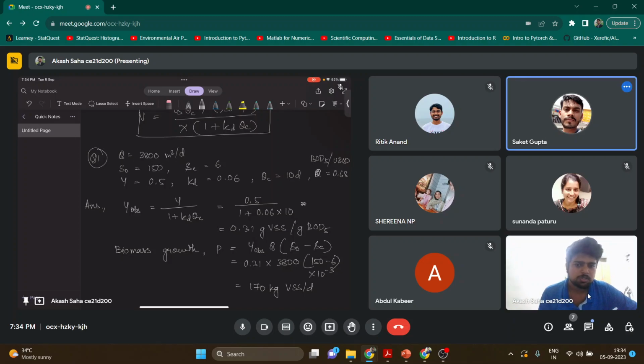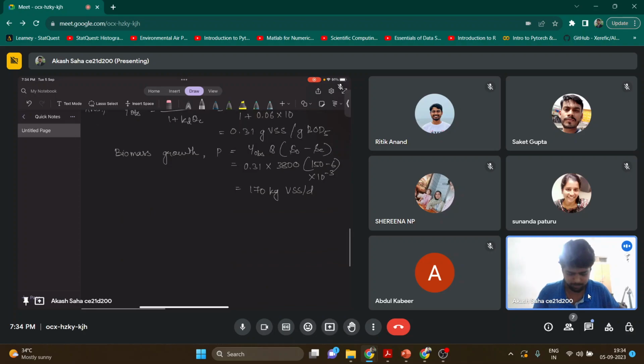You can write kg microbes, right? You can write 170 kg microbe per day. But instead of writing microbes, we write it in terms of VSS. We have learned different types of solids, right? So volatile suspended solids is always being equated to biomass. So that's why we write in terms of VSS.